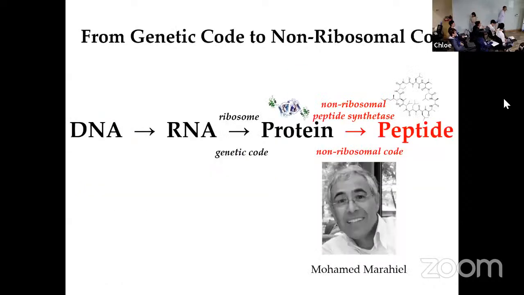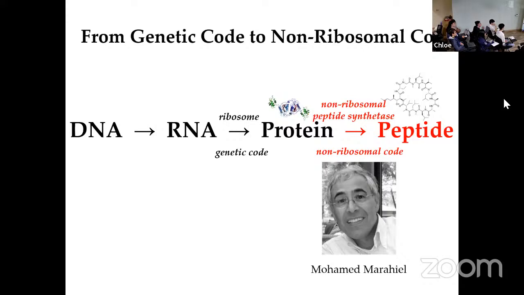Okay, so this peptide simply stands for short. And this peptide is generated by another protein. This other huge protein generates a small protein. This protein doesn't need to know anything about RNA; there is no RNA that generates this peptide. That's why it's called non-ribosomal.